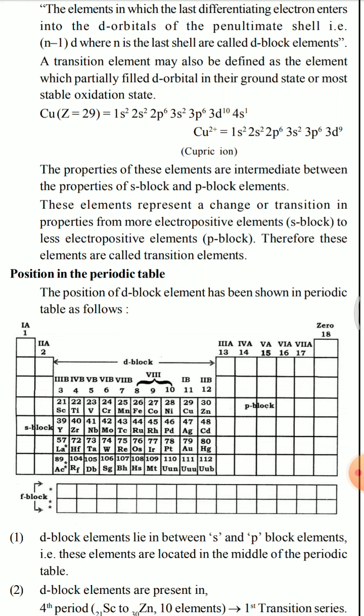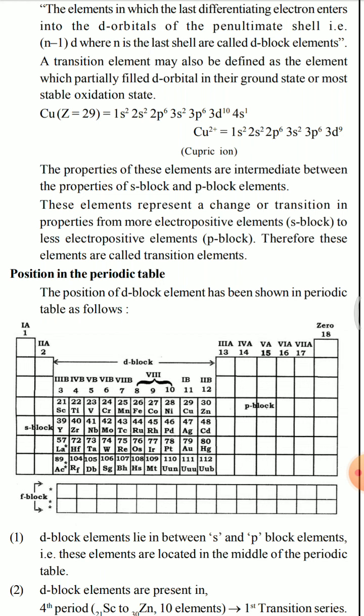But if you see the electronic configuration of D block elements, the last differentiating electron enters into D orbital of the penultimate shell, that is the n-1 d subshell, where n is the last shell.